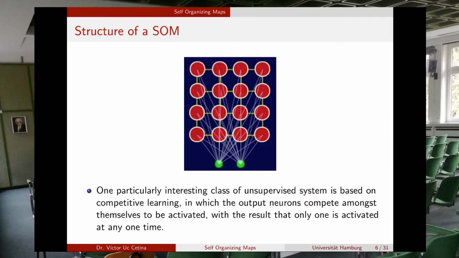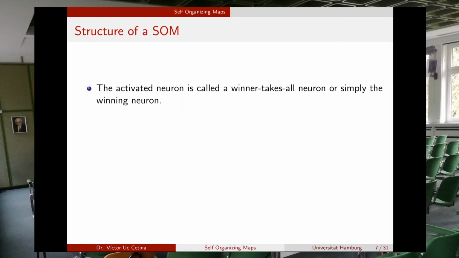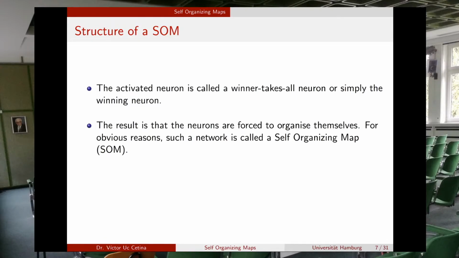So self-organizing maps are considered a learning process driven by competitiveness. The activated neuron, as I said, is called the winner-takes-all neuron, or simply the winning neuron. And the result is that the neurons are forced to organize themselves, by the learning rule that we are going to see later.